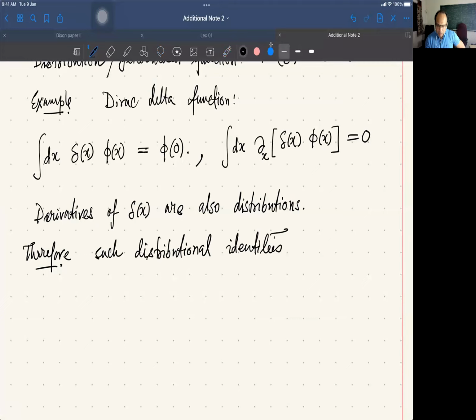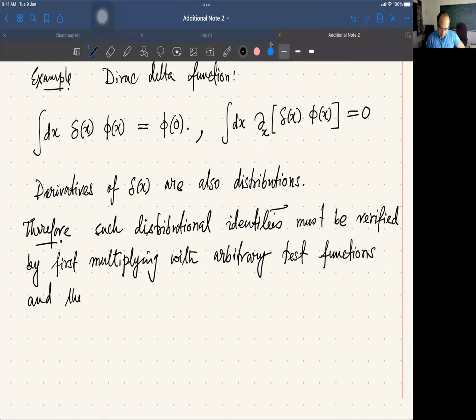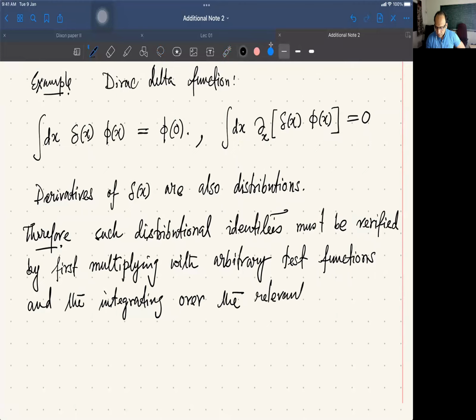So identities must be verified by first multiplying with arbitrary test functions and then integrating over the relevant range.